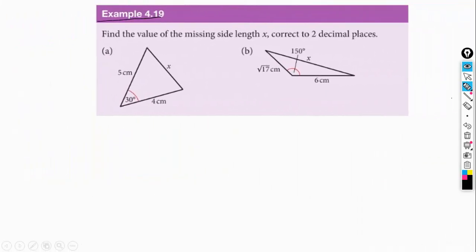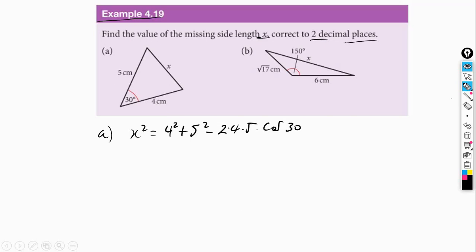It says, find the value of the missing side length x correct to 2 decimal places. So for part a, we would just have to apply the cosine rule. We would say x squared is equal to 4 squared plus 5 squared minus 2 times 4 times 5 times the cosine of 30 degrees.